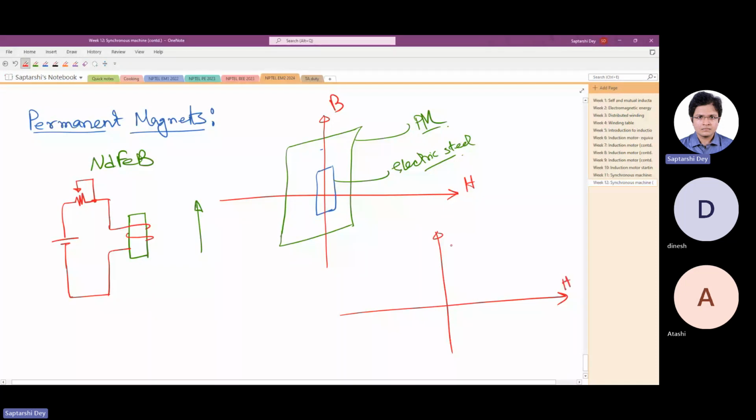This is H, this is B. Now listen to this very carefully. Suppose you have a sensor here that is measuring the value of B, and you have an ammeter which is measuring the circuit current, which is an indication of the value of H. Initially, the NdFeB block was completely demagnetized, so we start from here.